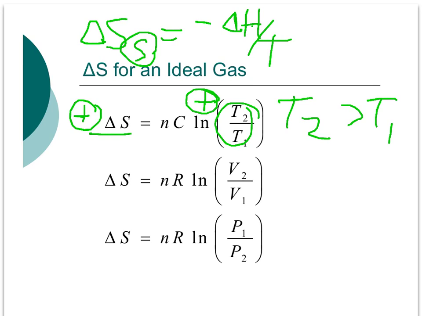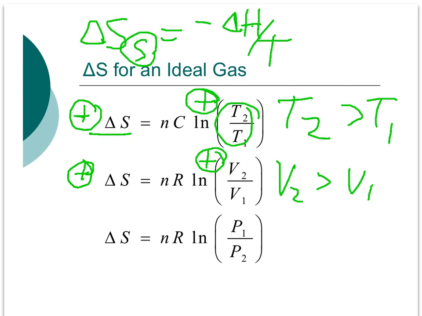Simple enough. The second equation, V2 over V1. Again, let's expand the volume of our gas, so V2 is bigger than V1. V2 over V1 is then some number larger than 1, the natural log of which comes out positive. Of course, n and R, the moles of the gas and the universal gas constant, are positive numbers, so delta S ends up positive for the case of V2 bigger than V1.